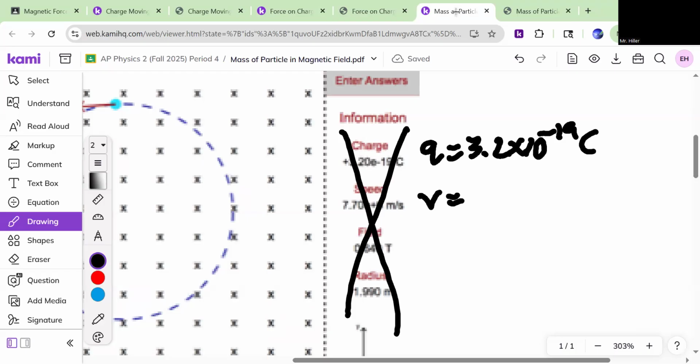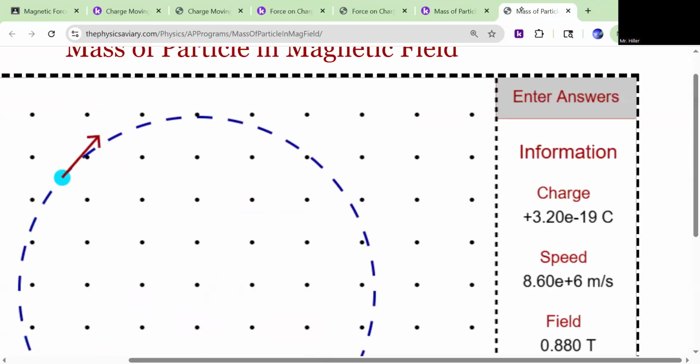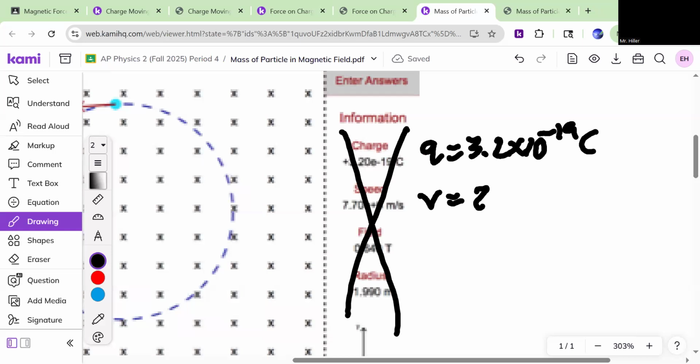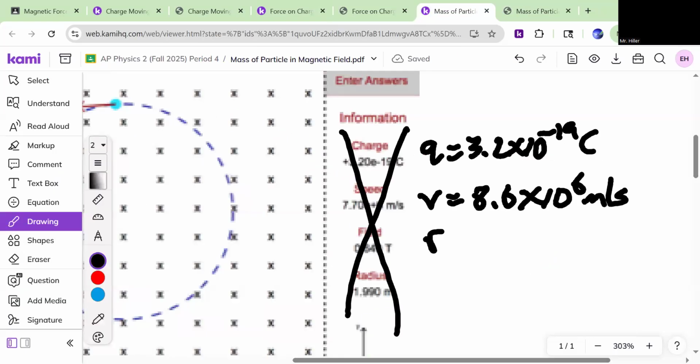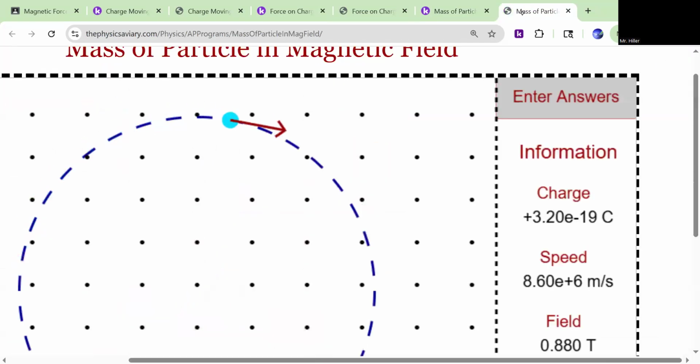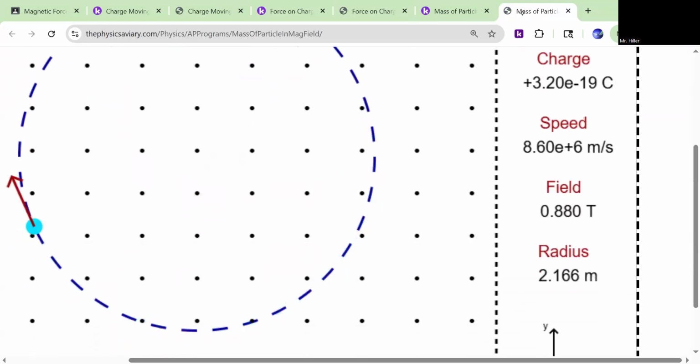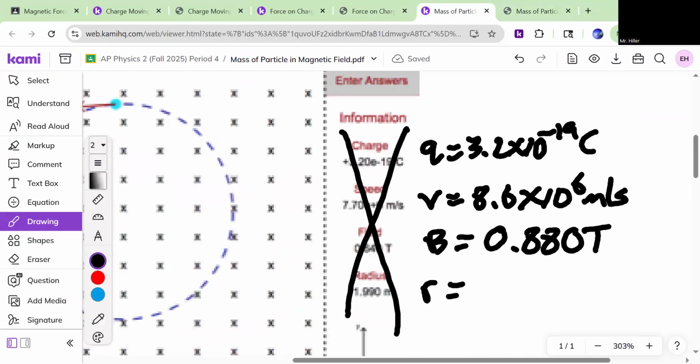The speed, in my case here, is going to be 8.6 times 10 to the 6. The field B is 0.88 Tesla. And the radius is 2.166 meters.